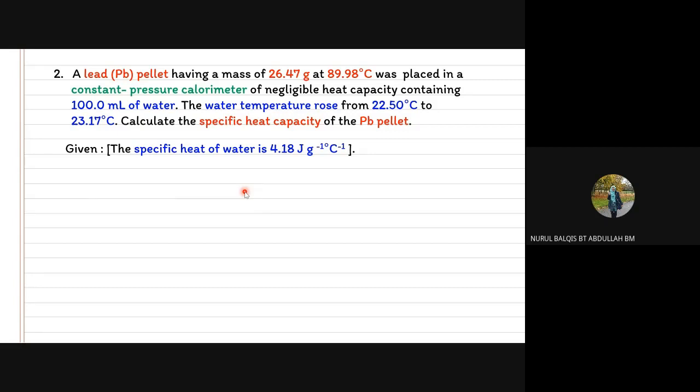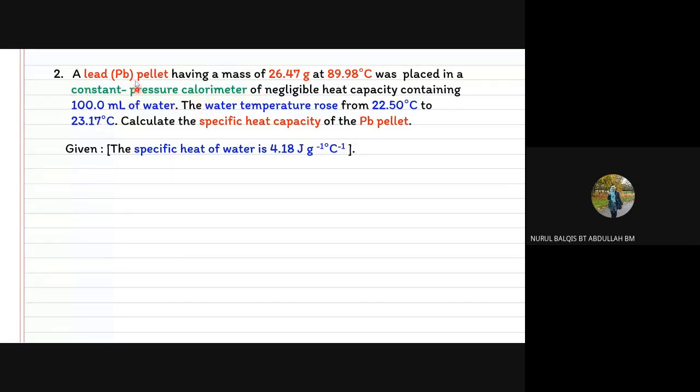Kalau Q solutions, kita masukkan dua solutions kan? Tapi sekarang awak nampak tak ada dua solution? Tak ada. Sekarang ni dia nama je constant pressure calorimeter tapi dia bukan membawa maksud yang simple calorimeter kita belajar semalam tu.